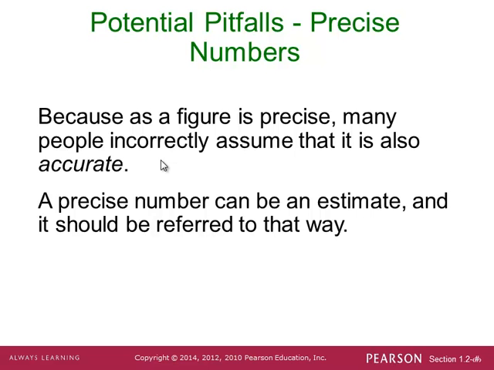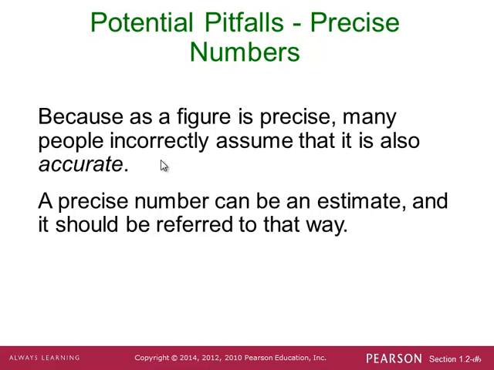Be careful about how you report your numbers. It's impressive if you can report, say, a proportion out to six decimal places. Hey, that's a very precise number, but is it meaningful?